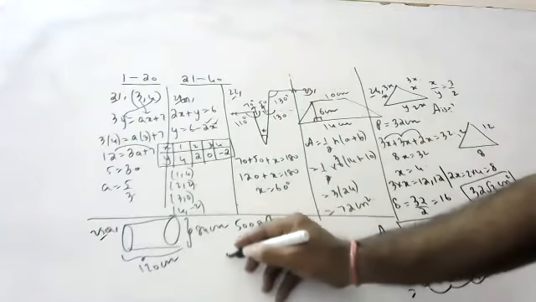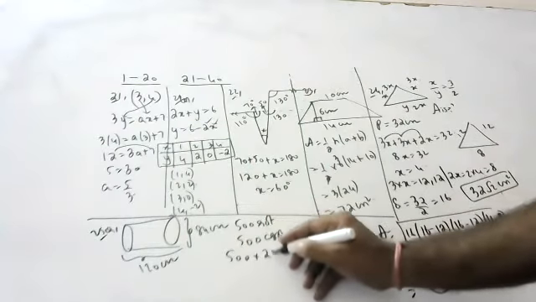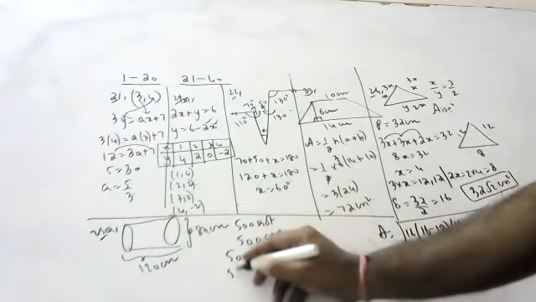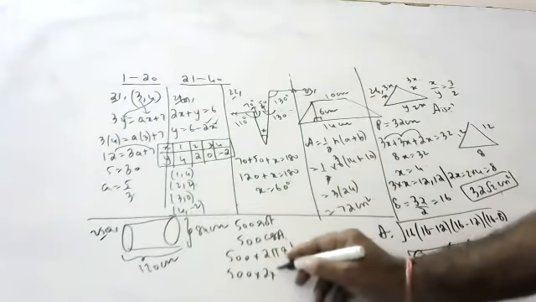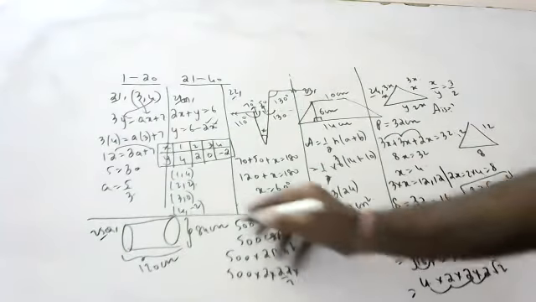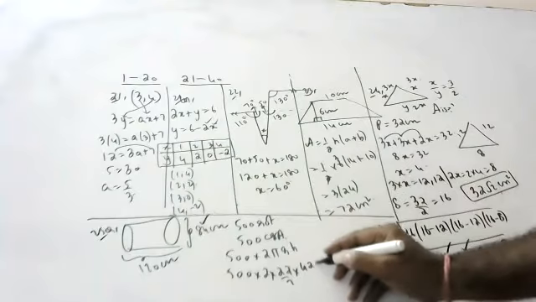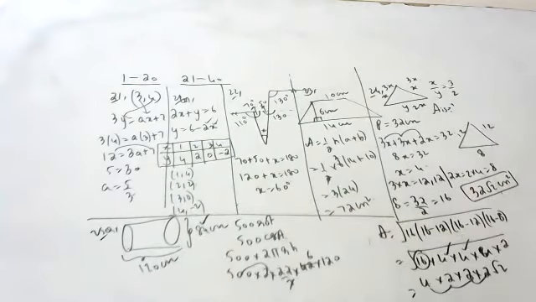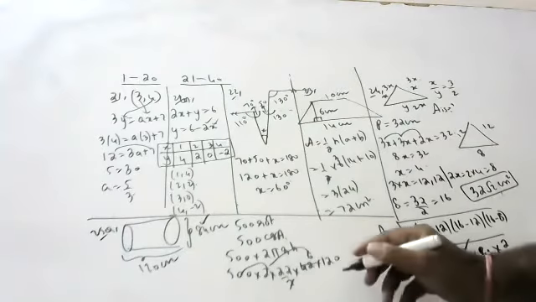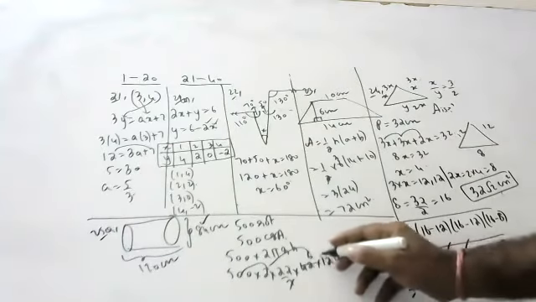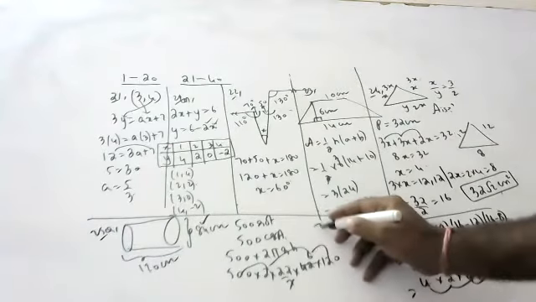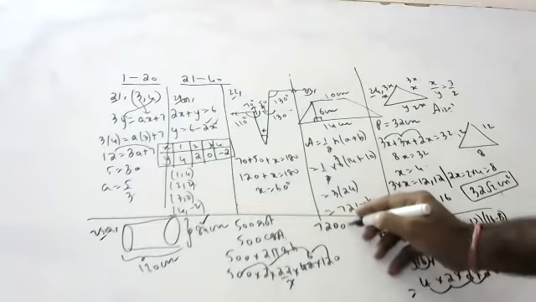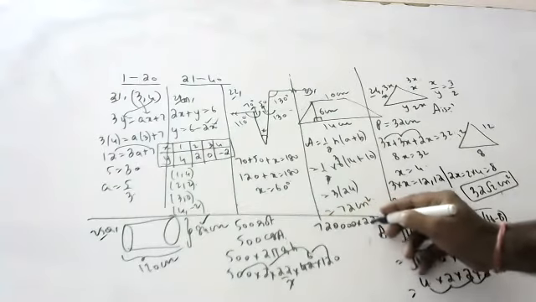So 500 into 2 pi rh. 500 into 2 into 22 by 7 into radius 42 into height 120. 7 6s are 42. 500 into 2 is how much, children? 1000. 1000 into 6, 6000. So 6000 into 12, 72, 0, 1, 2, 3 into 22.